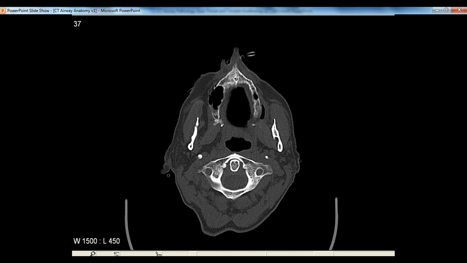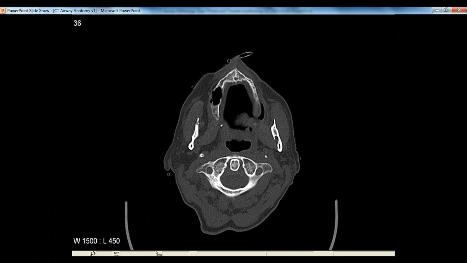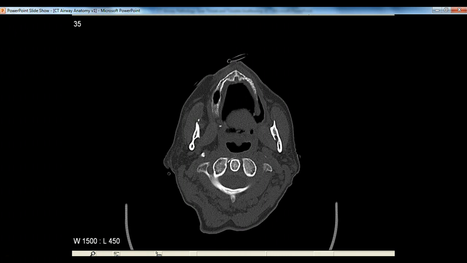And you'll see that that very close relationship continues all the way down to the level of the vocal cords. So pay attention to that as we're going through. And you can understand why what's called a retropharyngeal abscess, an infection with pus forming in the space between the back of the airway and the spinal column, can significantly compromise the airway. So we're going to keep moving through here.